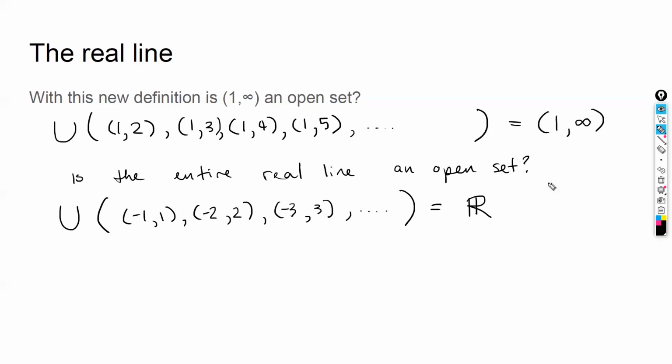Great, so I think what we've shown is that we now have this topology whose basis consists of all of the intervals. We had to amend our definition of topology in order to make the entire real line an open set using that basis. And this example is sort of what all of these definitions are born out of.